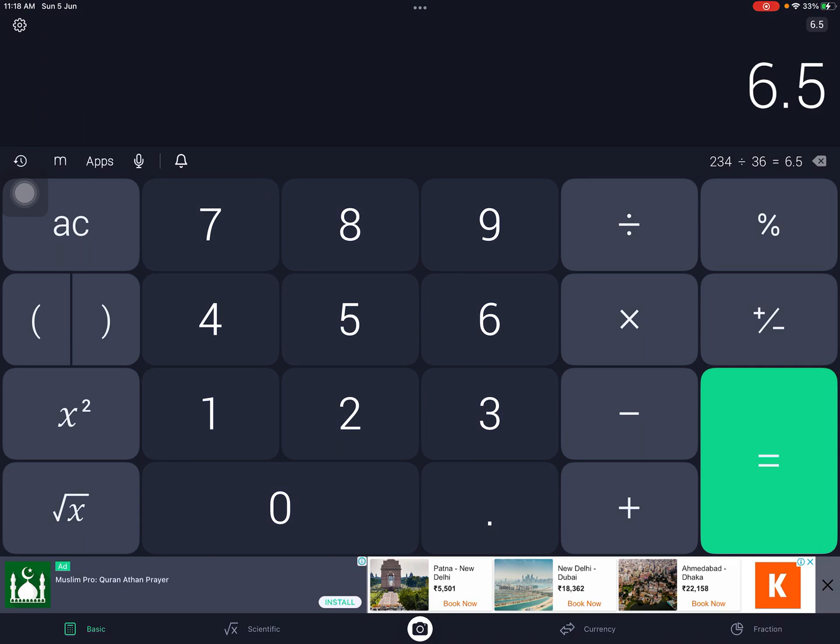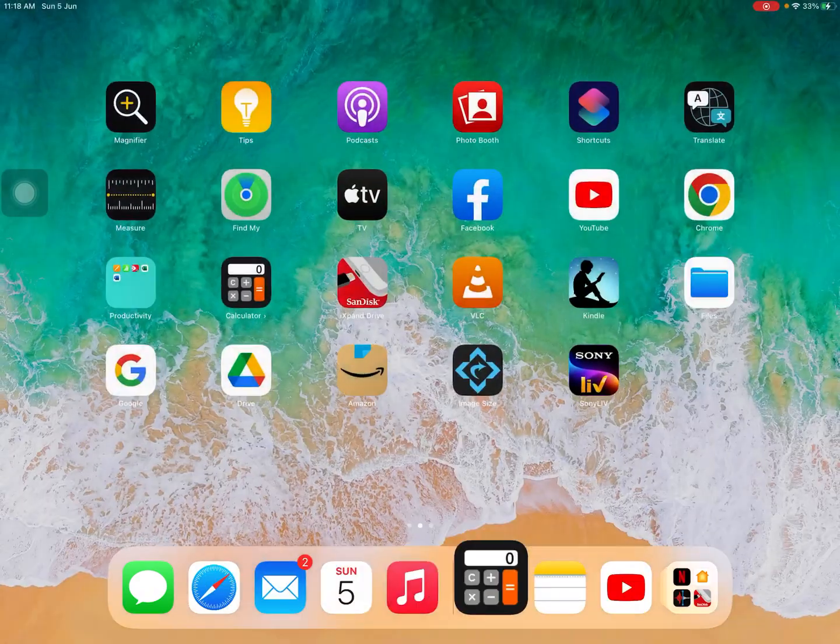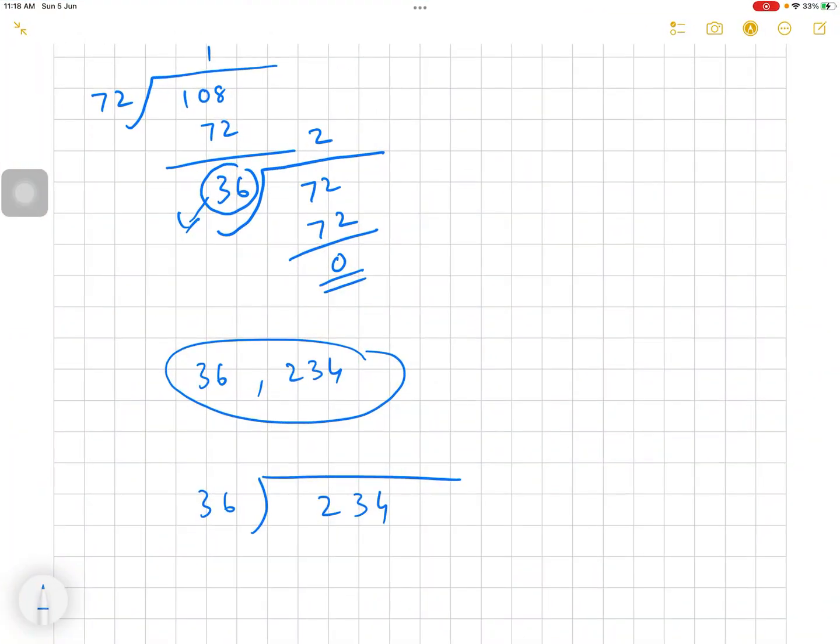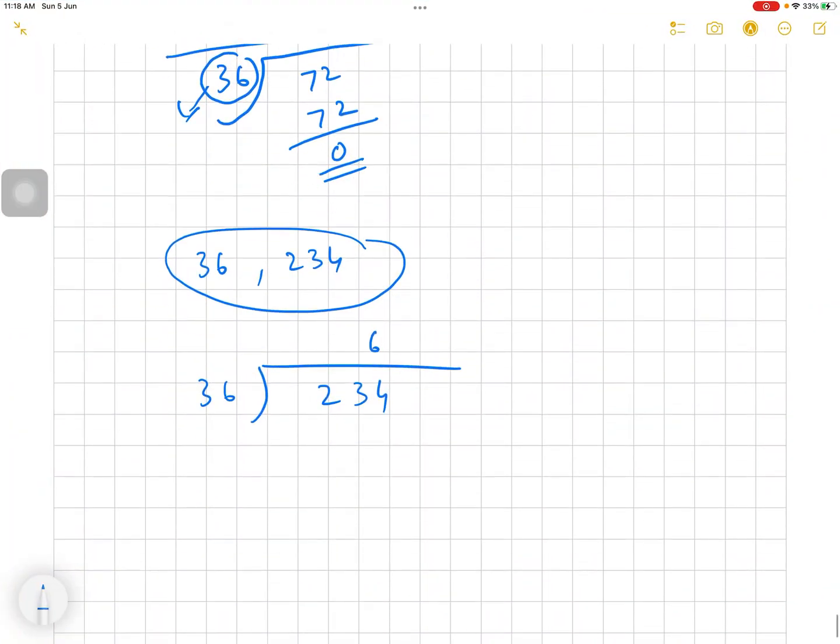So 6. 36 into 6 is 216. So the difference must be 18 only. The difference comes to 18.